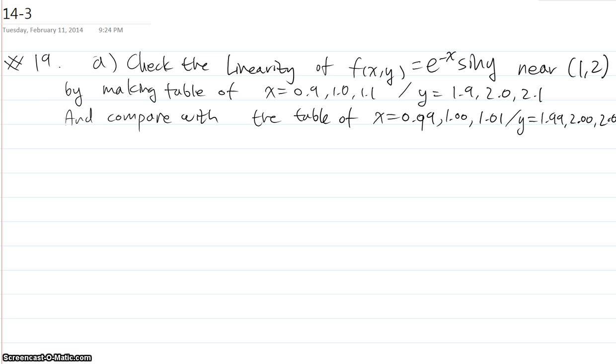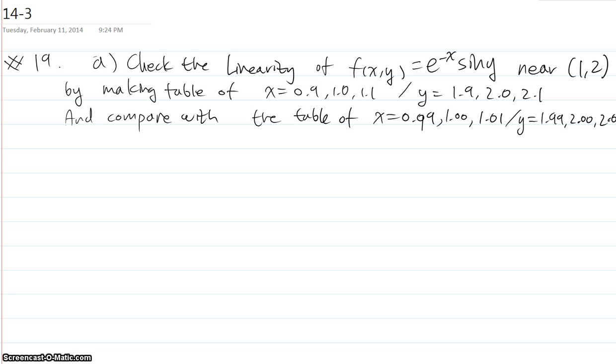This part isn't actually asking me to get the partial z over partial x and partial z over partial y, but rather to plug in those individual values, 0.9, 1.0, 1.1 and 1.9, 2.0, 2.1, and compare that table with the other table, which has two decimal place precision: x equals 0.99, 1.00, 1.01, and y is 1.99, 2.00, and 2.01.